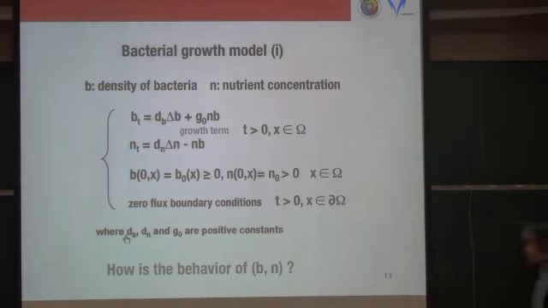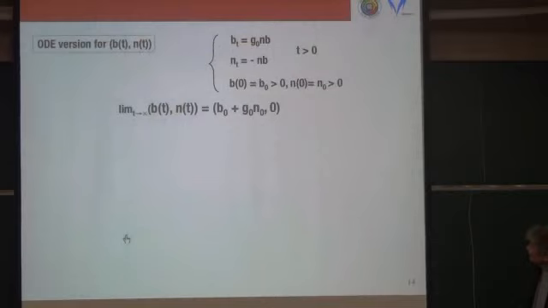And the question is, how is the behavior of B and N? Okay, so this looks simple. And the first step is just we think about the ODE in the absence of diffusion. So like this is the ODE, very nice. And B0 and N0 are positive.